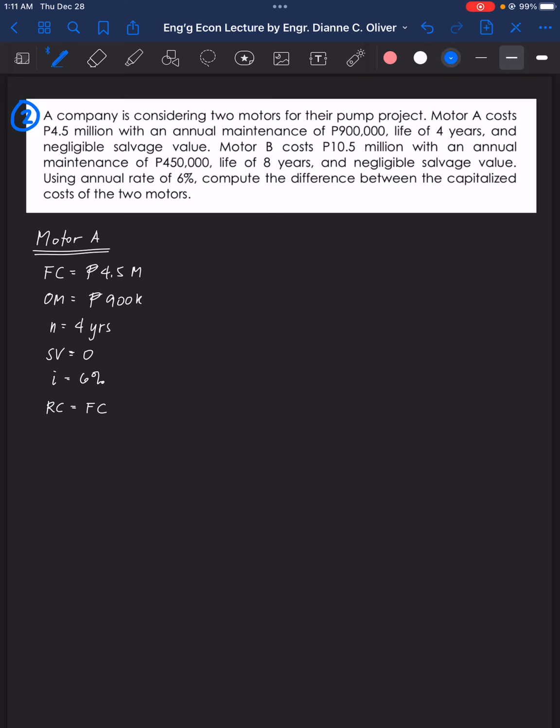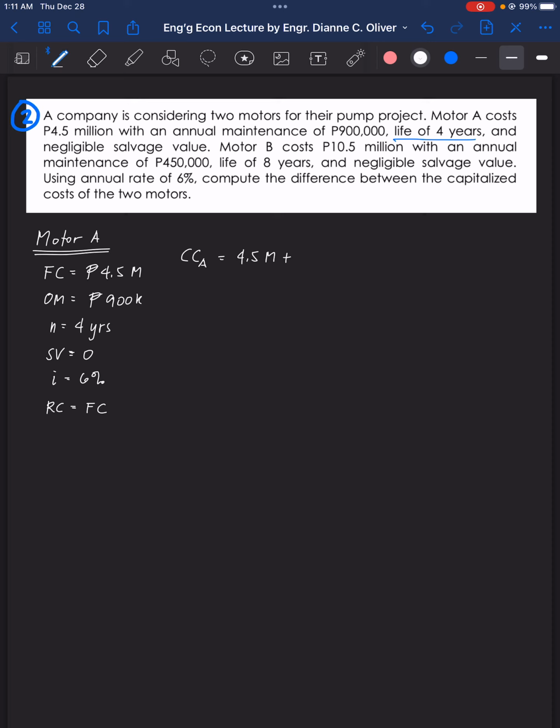Because of the mention of the life of 4 years, meaning this motor will be replaced in every 4 years, whereas the annual maintenance will be treated in perpetuity because it's not for 4 years only. So perpetual maintenance, 900,000.